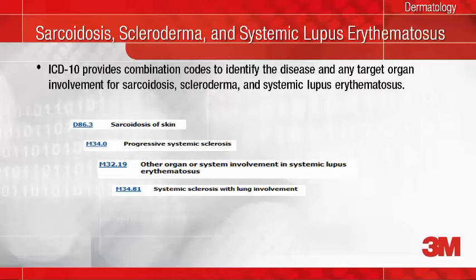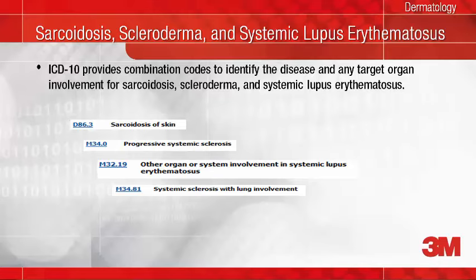You may see patients in your dermatology practice with one or more of the following diseases: sarcoidosis, scleroderma, or systemic lupus erythematosus. One characteristic that these diverse conditions have in common is that they either primarily or secondarily affect the skin.